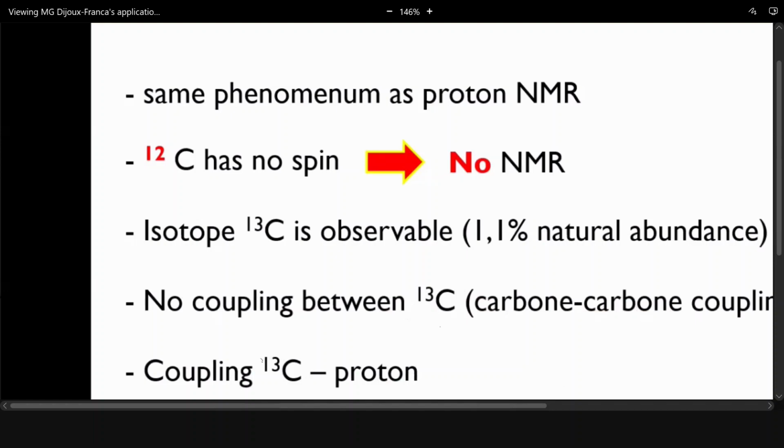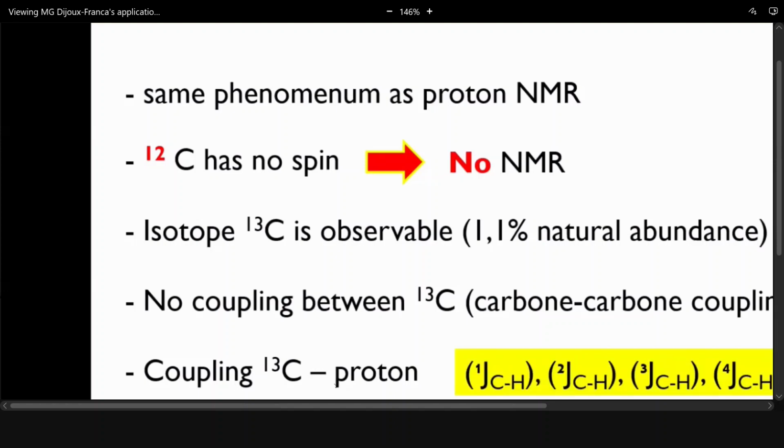So this is nice for us because we won't have to interpret the multiplicity. But we are able to see the influence of the proton on the carbon-13. So we can observe the coupling between both proton and carbon-13. And we'll see how to interpret this, but it's simpler than for the proton. So again, we will be able to measure the coupling constant between carbon and proton.